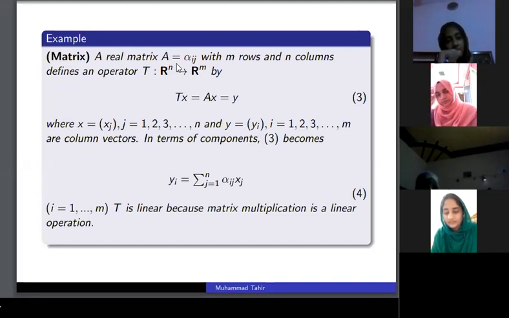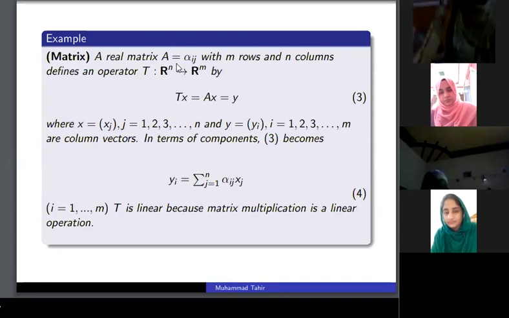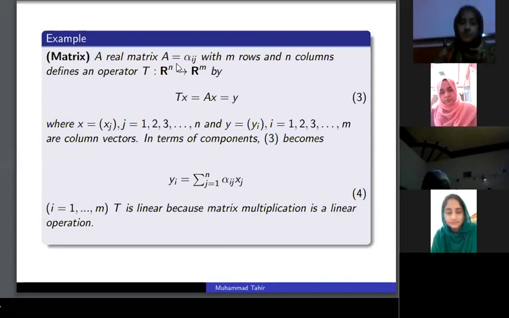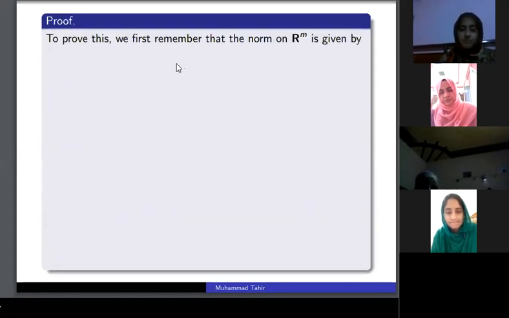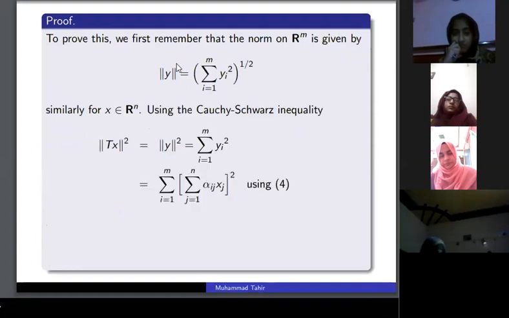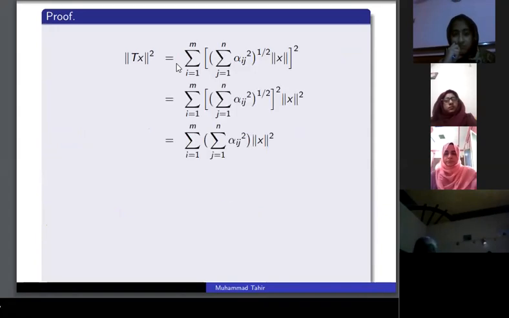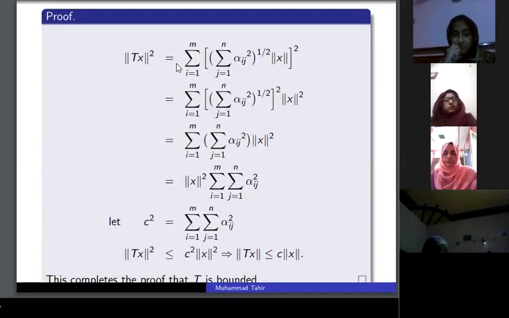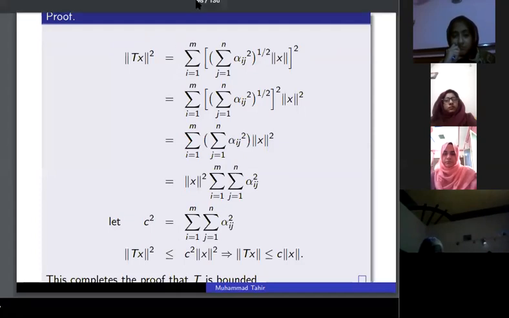We know that the matrix multiplication Ax is linear, and we have already proved that this matrix operator is linear. We can also prove that this is bounded. I am leaving the proof up to you. You can easily see its proof, and we can prove that every matrix operator is bounded. So these are some examples. Now you may ask questions.